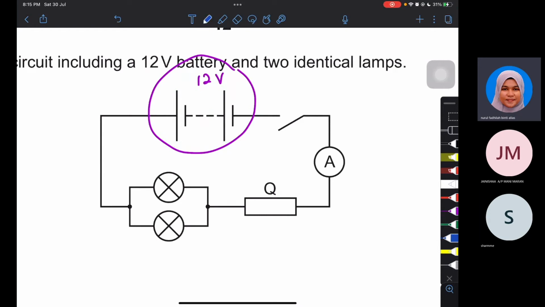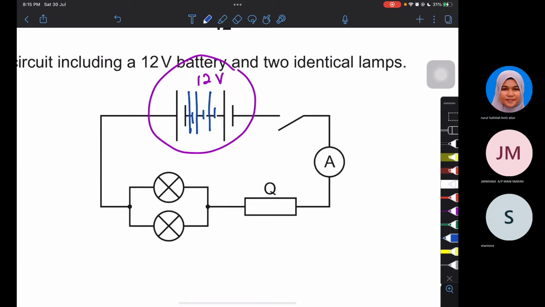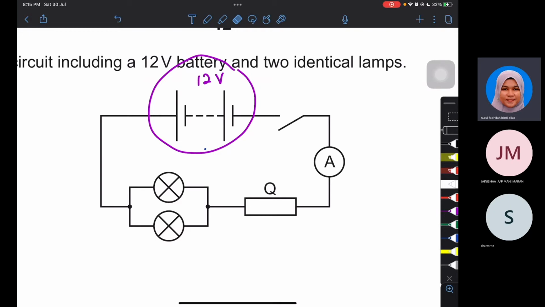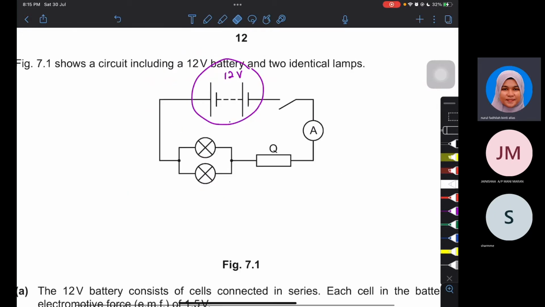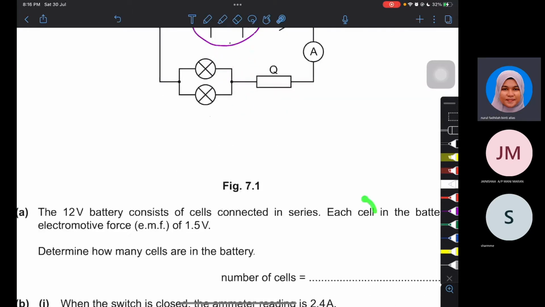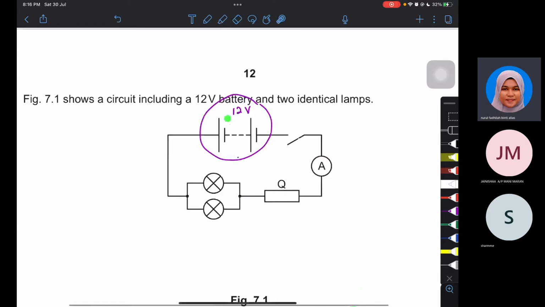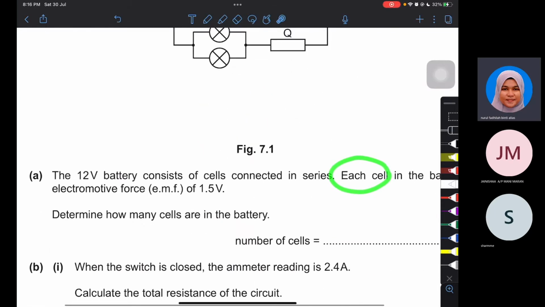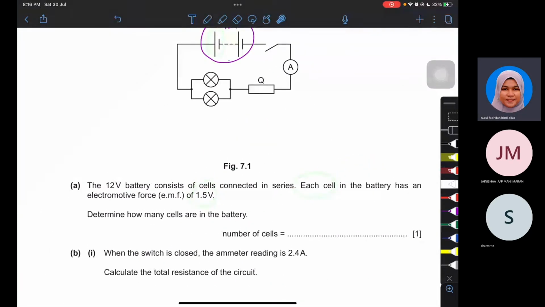Maksudnya dash dash dash ni maksudnya dekat tengah-tengah ni ada lagi a few other batteries. Tapi soalan tanya how many? Berapa banyak lagi dekat dalam tu? That's why lah kita guna dash dash tu. Faham? Jadi dia kata total is 12. Tapi dia kata each cell, ni satu cell. Each one ni is 1.5. Jadi how many cells ada? Siapa boleh teka? Macam mana nak buat?